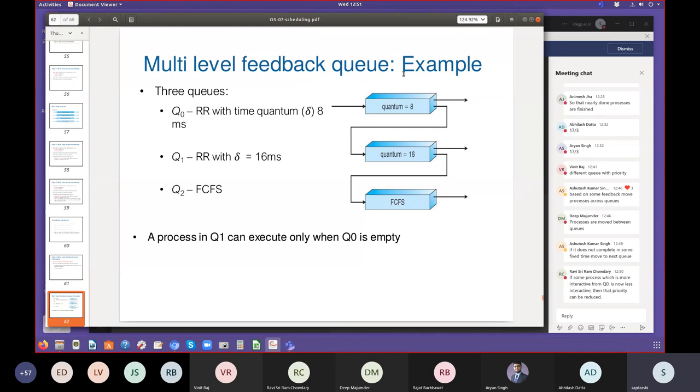So again here, shorter processes are given a bit more advantage. The best would be if a process comes, does not even take the 8 milliseconds quantum, completes execution and goes. If not, it will be given more time, but then the priority also comes down.